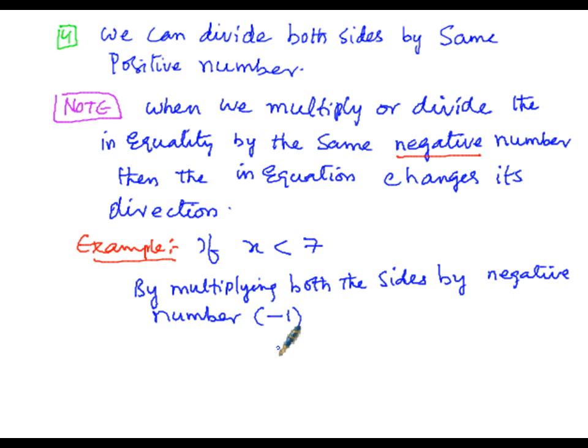So, x less than 7 is the given inequality.